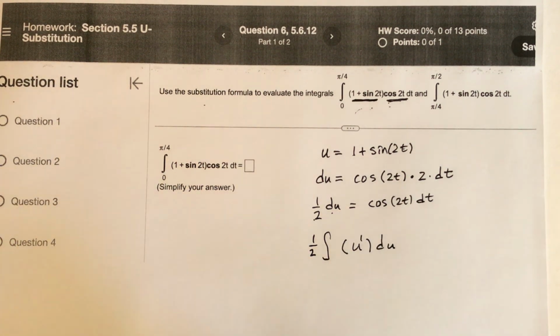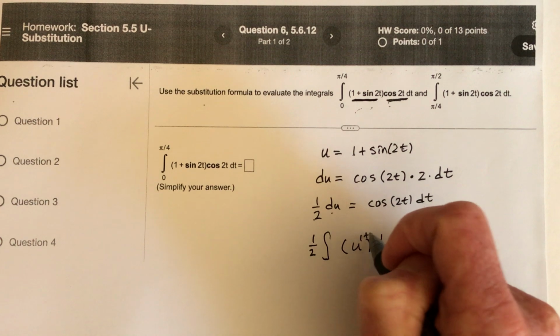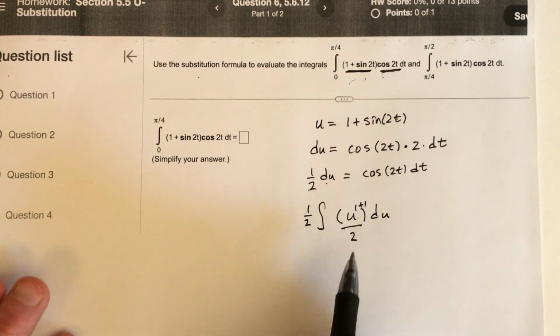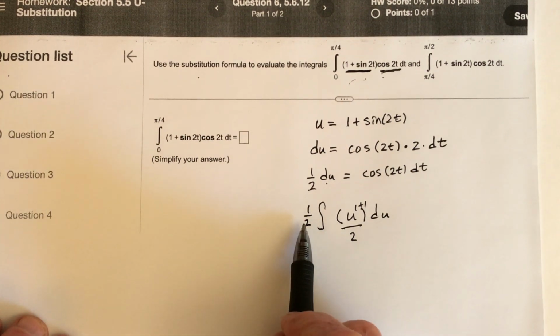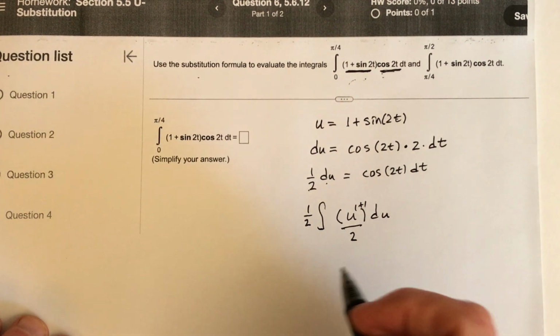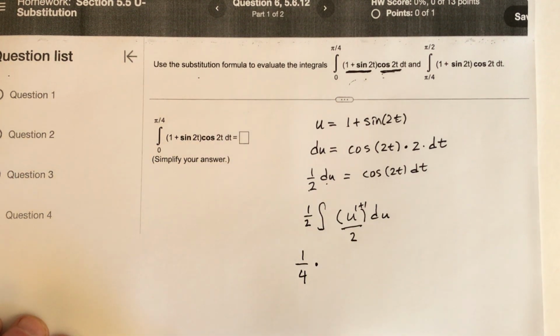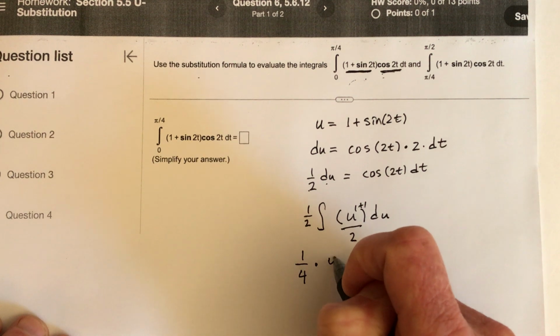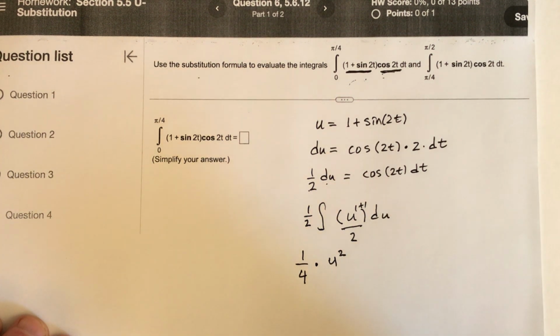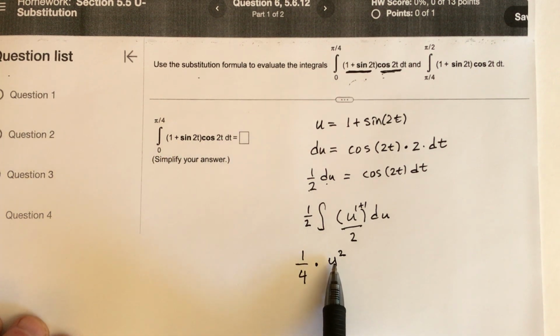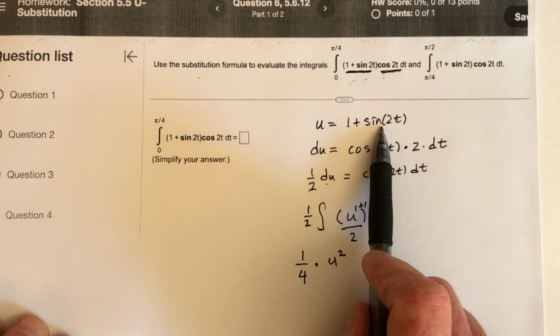So since this one has an exponent of 1, you can add 1 to that and then divide by 2. Now in this case, these are not going to cancel because both of these 2's are in the denominator. So that means that it's basically a 1/4 and then u squared. And then again, I don't put a plus c because there are numbers to plug in. And I still need to change this back to this.